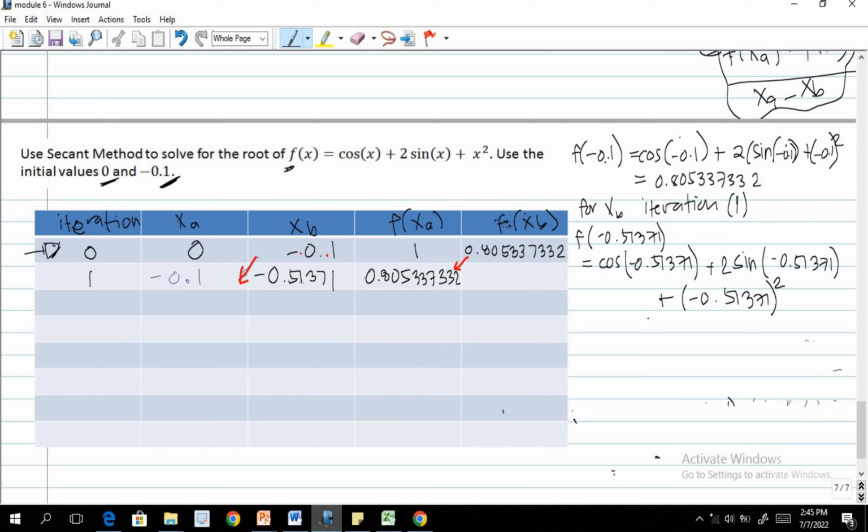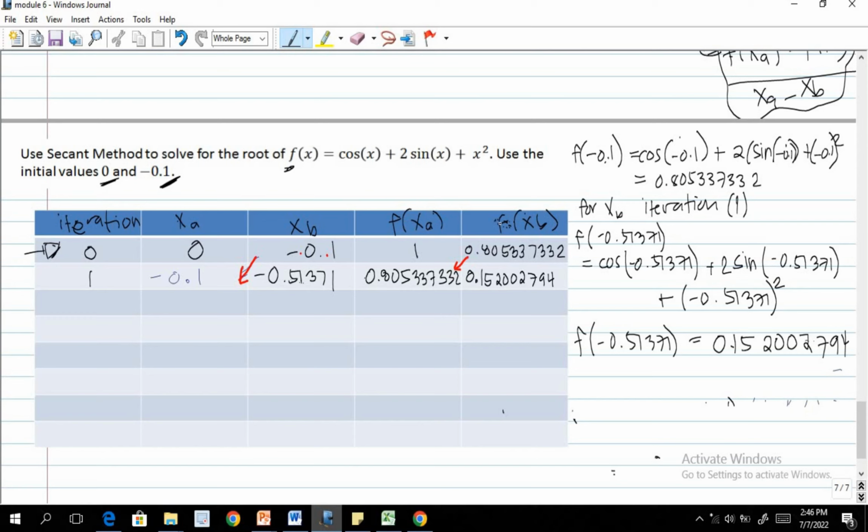If you input this in your calculator, ang function ngayon ng negative 0.51371 ay equal to 0.152002794. Okay? So, kukupihin ko lang siya dito. Ang magiging function ngayon ng aking xb ay 0.152000279.